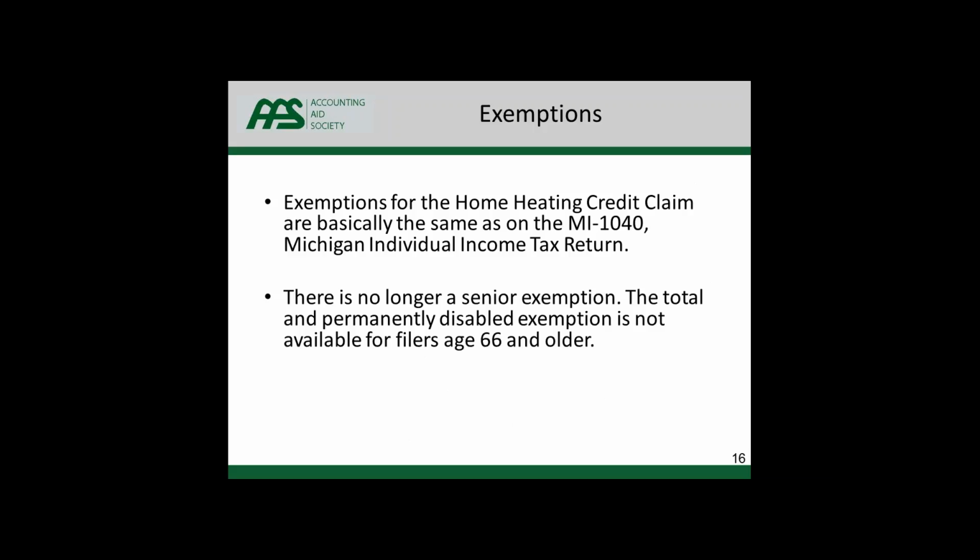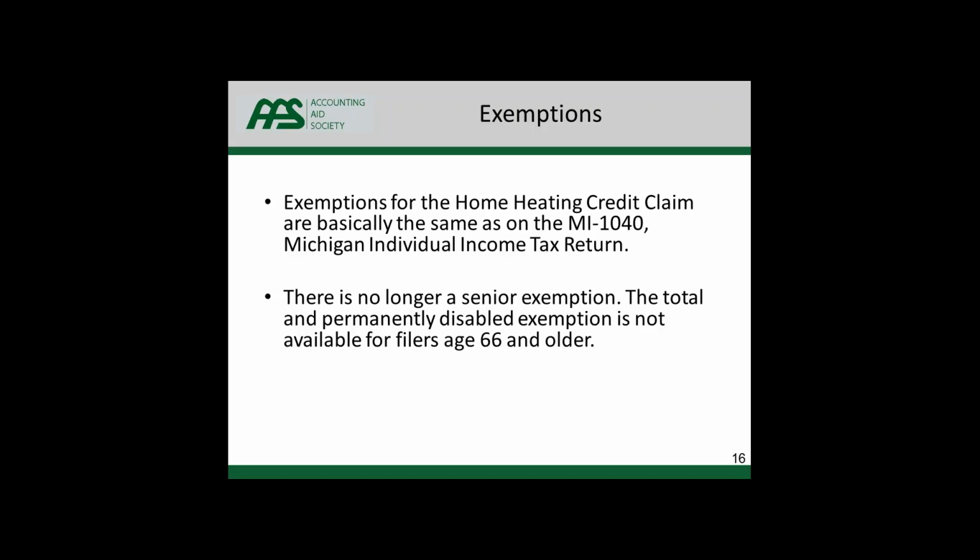All right, the exemptions for the home heating credit are basically the same as on the Michigan individual income tax return. A couple of comments, though. Beginning with 2012, there's no longer an extra exemption for a senior.